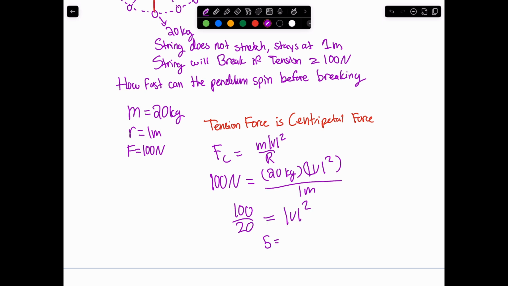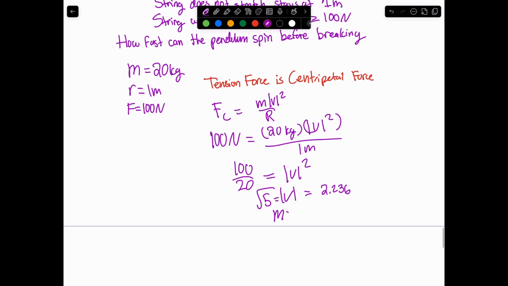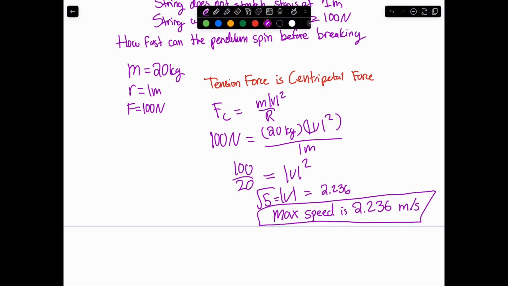So 5, or root 5 equals v, absolute value, equals speed, and root 5 is about equal to 2.236, which means max speed is 2.236 meters per second. And that is our answer for that particular problem.